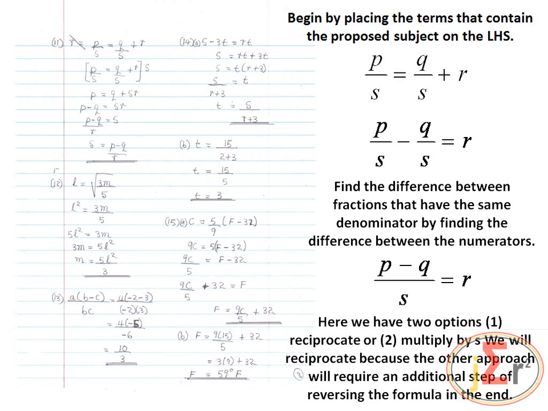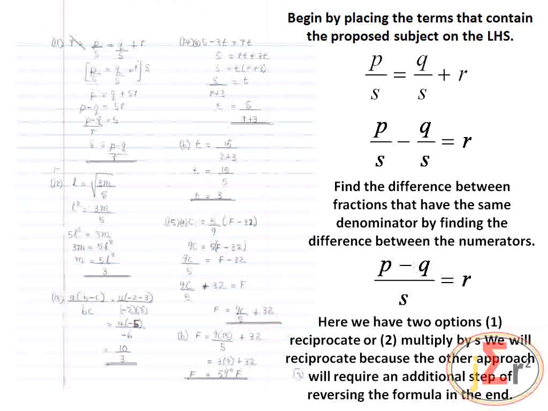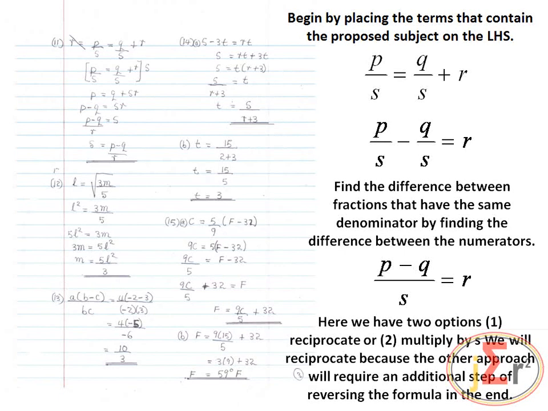One, we may reciprocate because S is the proposed subject and is in the denominator, and that is always a very good move to make when we have the proposed subject in the denominator. We may take the opportunity to find the reciprocal, especially when we do not have a lot of different terms.